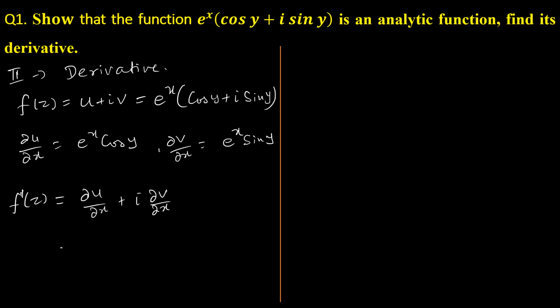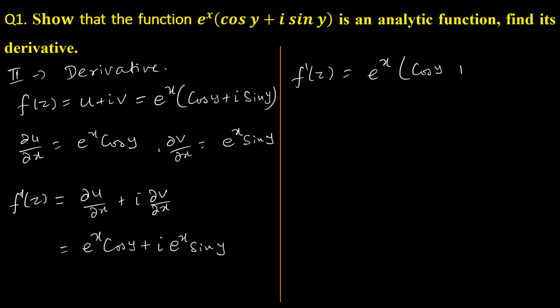So this will be equal to e to the power x cos y plus i e to the power x sin y. So this f dash z can be written as e to the power x, which you can take common, and the remaining is cos y plus i sin y.